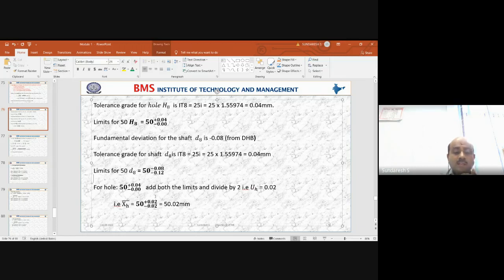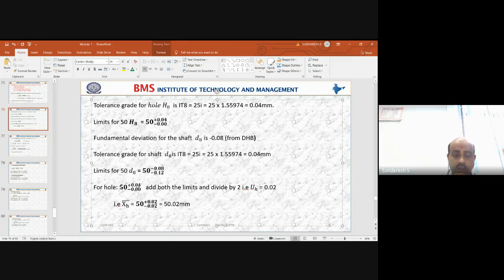Okay. Next comes the hole. We have 50, upper limit is 0.04 and the lower limit is 0.04. And we're going to add both the limits and divide by 2. Please make a note of these things. So we're going to get U for H. U for H is 0.02. Please make a note of it.